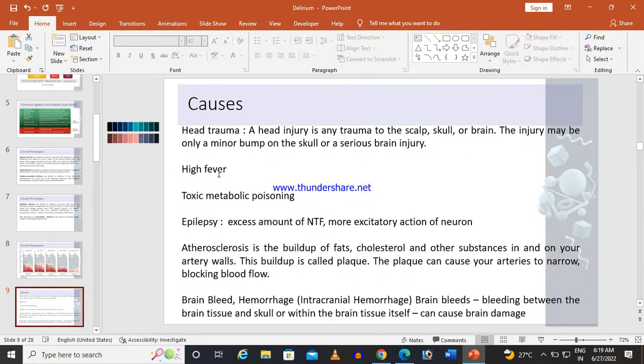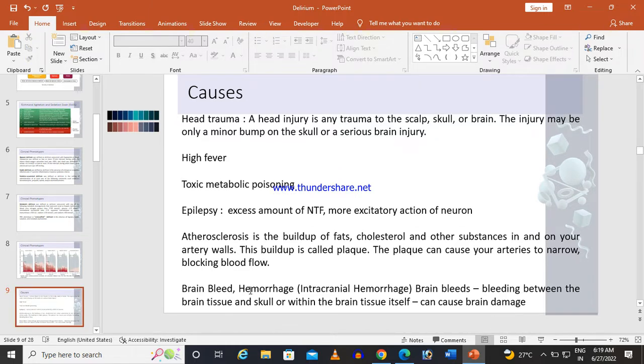What are the causes? It may be caused by head trauma, high fever, toxic metabolic poisoning, epilepsy. If the aperture of the arteries and veins is narrow, then it may indirectly cause hypoxia or ischemia.